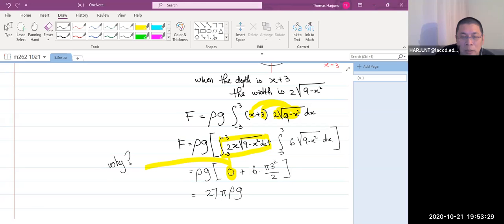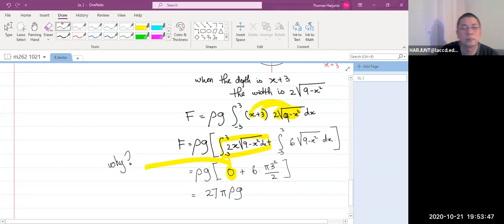Yeah, they cancel out, but why? Yeah, it's one thing about symmetric, but there's one more thing. It has to be a symmetric interval.